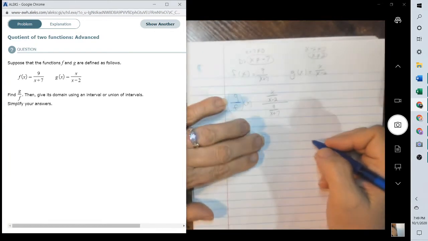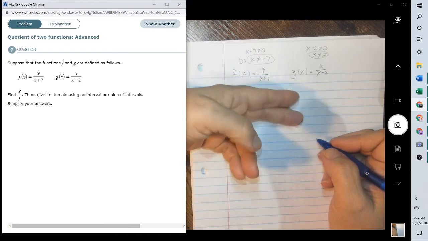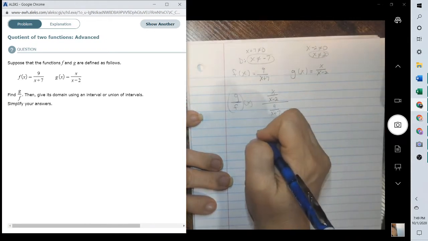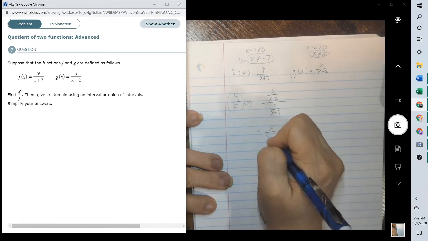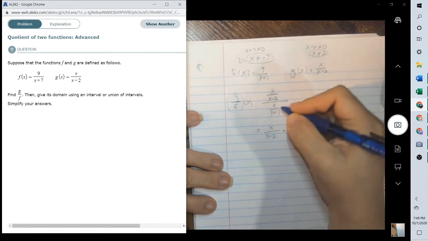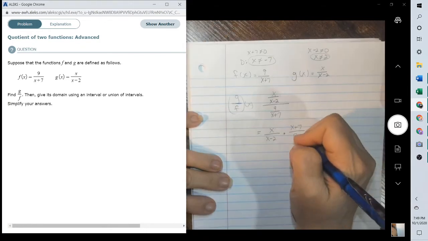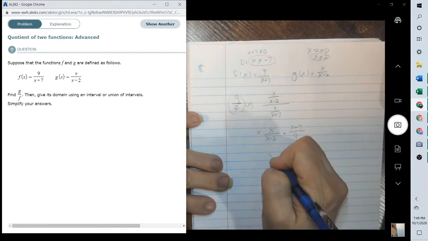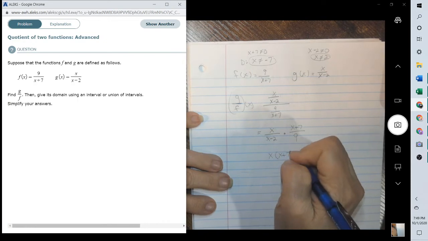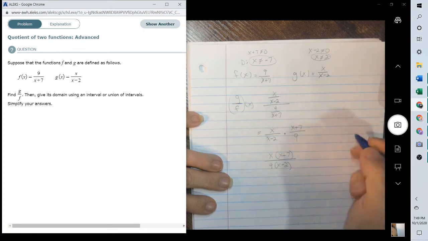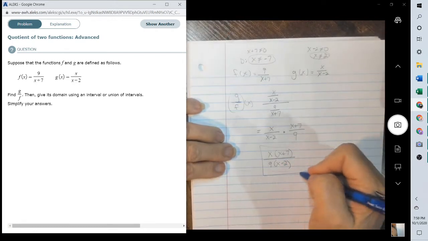And we have g of x, x over x minus 2, divided by 9 over x plus 7. When you have a fraction that you're dividing by, you can flip it and multiply. So this is the same as x over x minus 2 times, and then flip this, x plus 7 over 9. So we have x times x plus 7 over 9 times x minus 2. And this would be your answer.